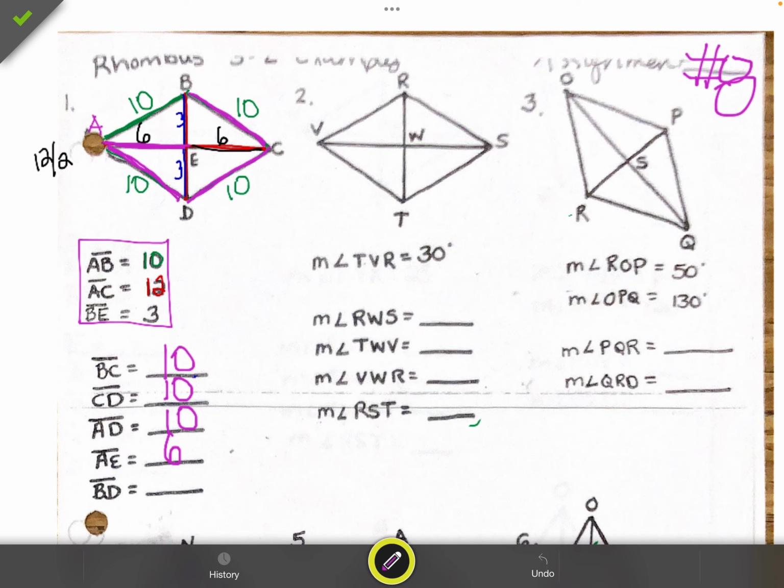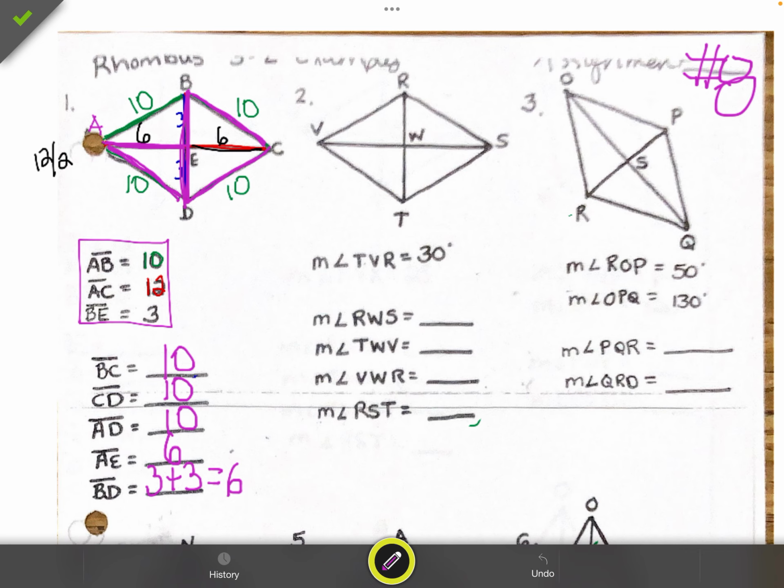Segment BD is this whole diagonal. It's that whole piece. So we know from B to E is 3. We know from E to D is 3. So if we want the whole thing, we have to take the two smaller parts, add them together, and that would give me 6.